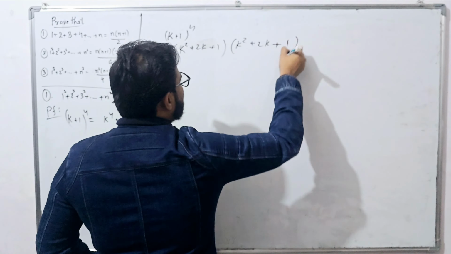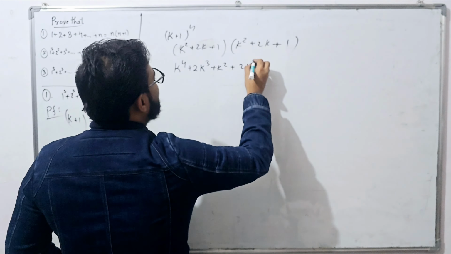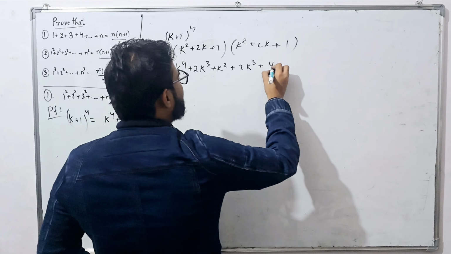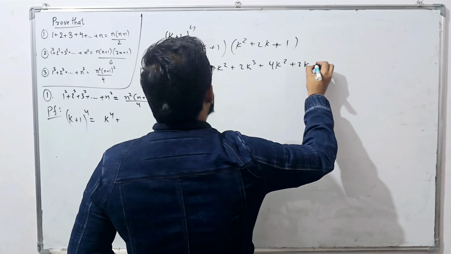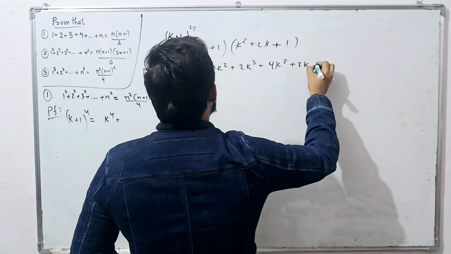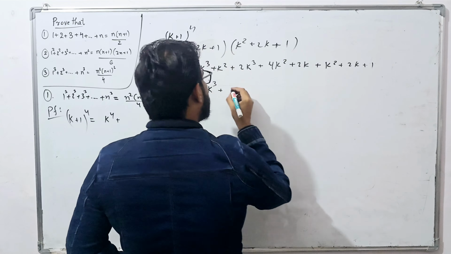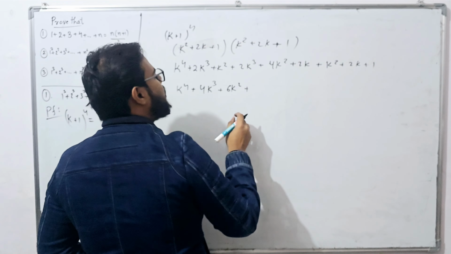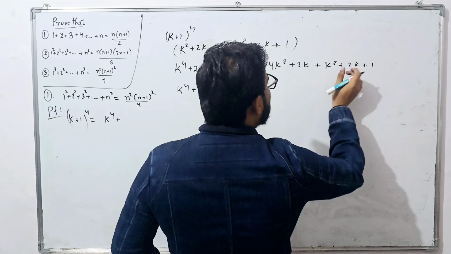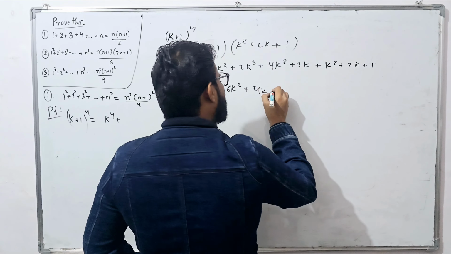So you get k to the power 4 plus 2k cube plus k square plus 2k cube plus 4k square plus 2k plus k square plus 2k plus 1. So you get k to the power 4 plus 4k cube plus 6k square plus 4k plus 1, right?